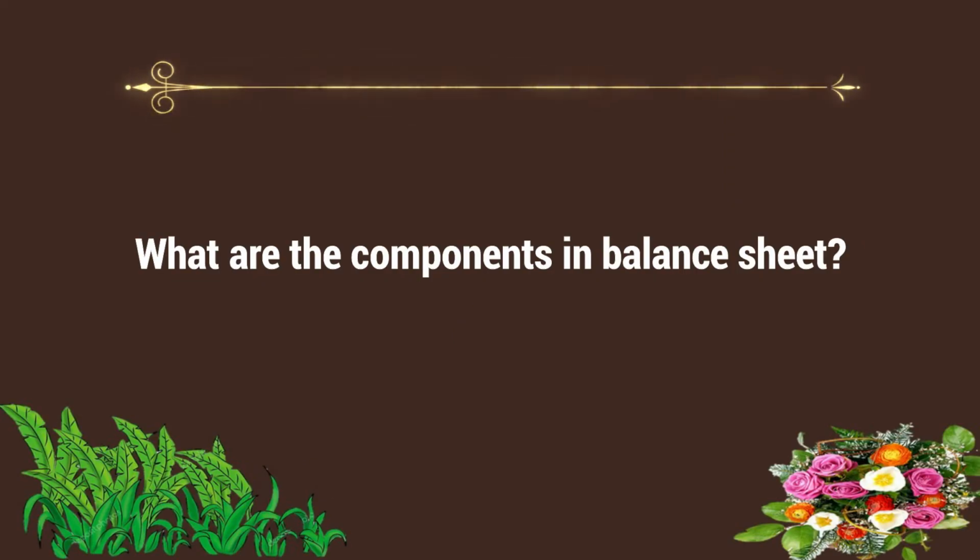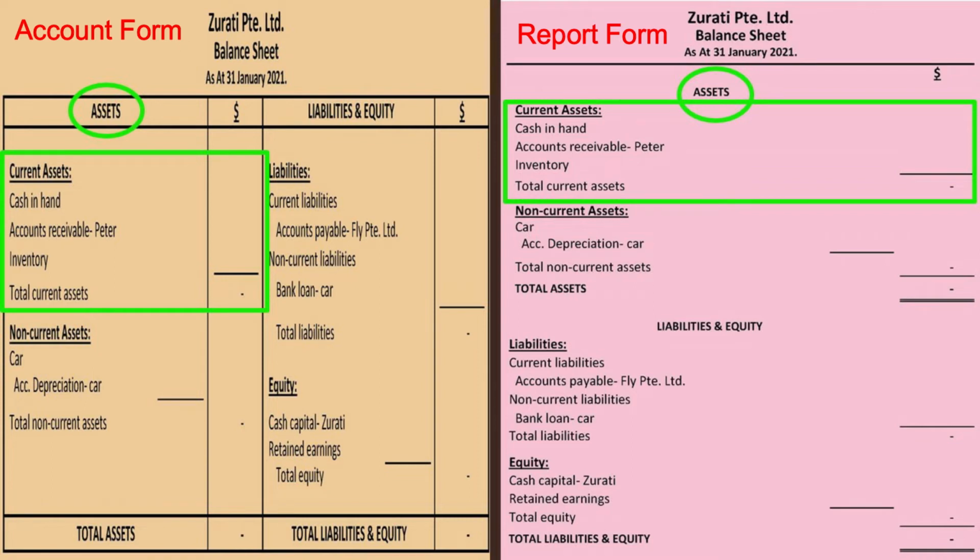What are the components in a balance sheet? Component number 1, assets. Assets are accounts that track things of value that the company owns. Two types of assets are current assets and non-current assets. Current assets are convertible into money within a short period, less than 1 year.